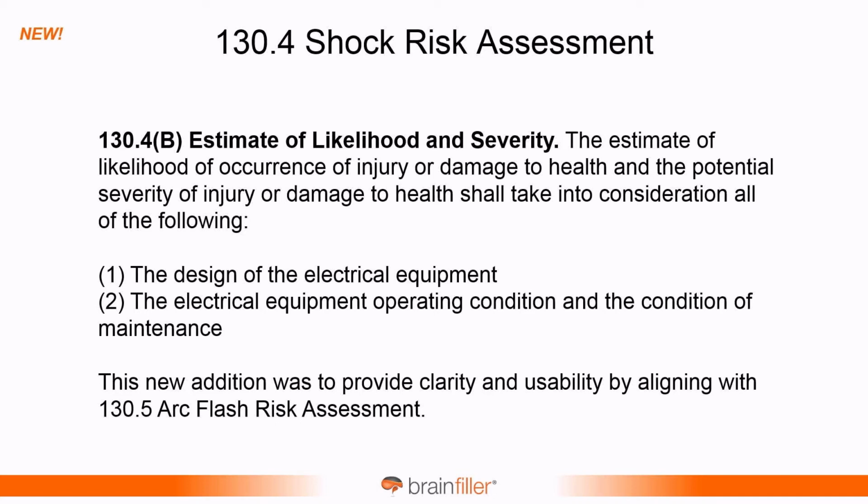Number 1, the design of the electrical equipment. Number 2, the electrical equipment operating conditions and the condition of maintenance. And so this is really to align it with what we already had in 130.5, because the same type of language exists for the arc flash risk assessment.